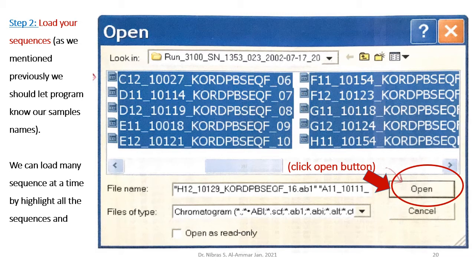Like here, we highlighted all the sequences C12, D11, D12, E11, E12, and F11, F12, G11, G12, H11, all these will be highlighted, and then click Open button, and then it will be opened.